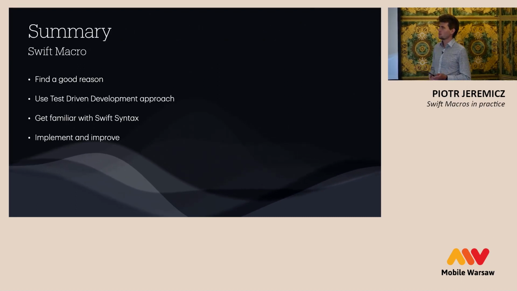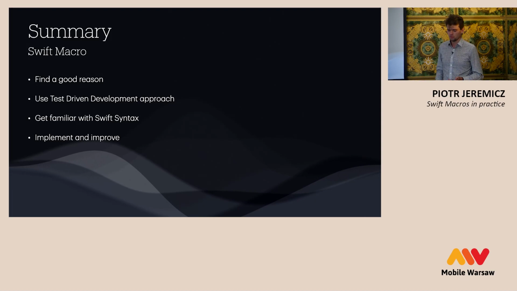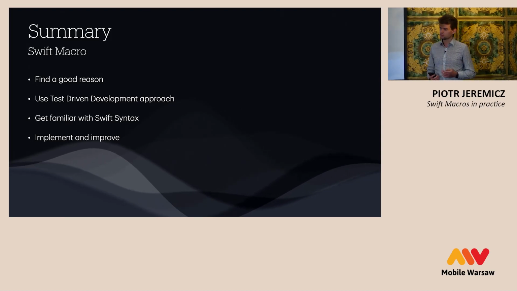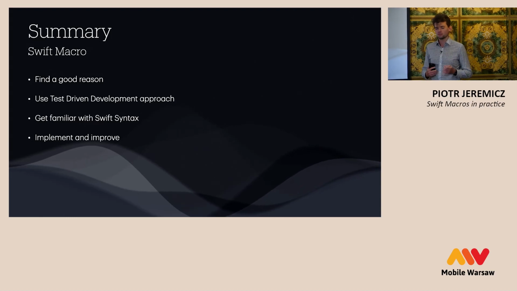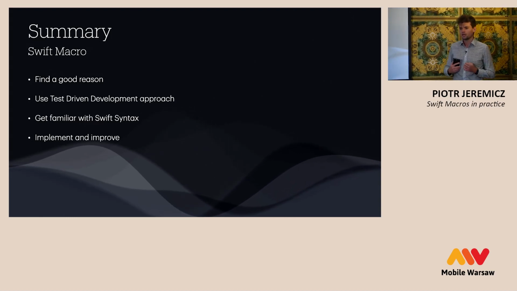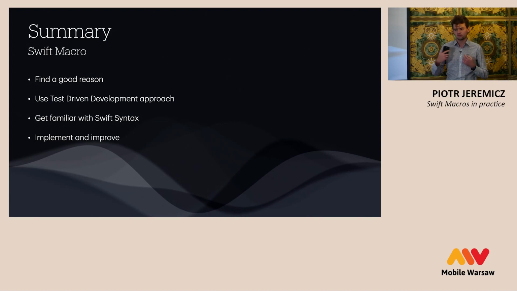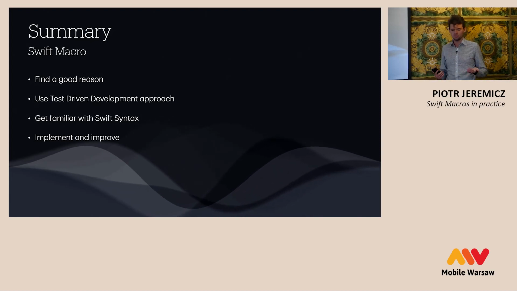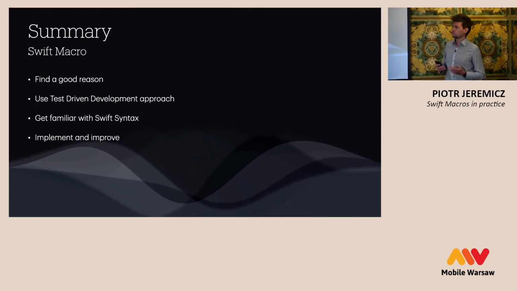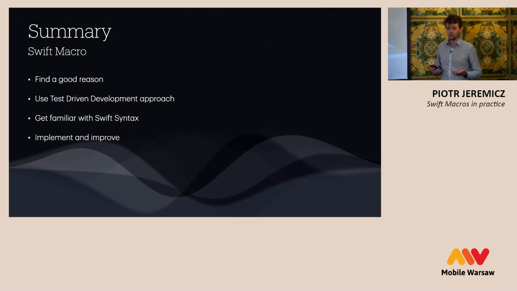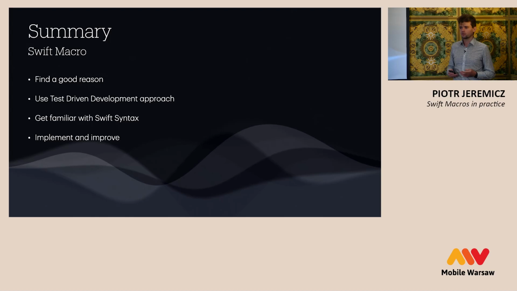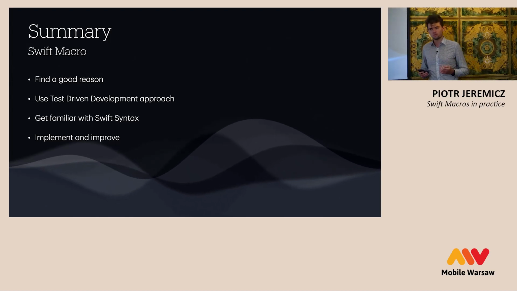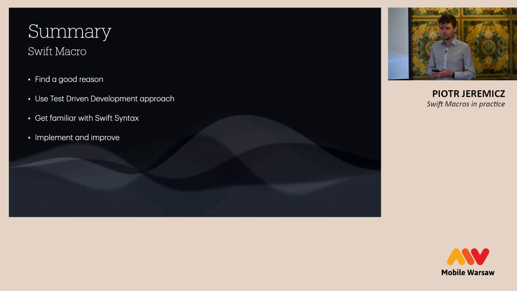So, to sum up, Swift Macro is a great tool. It provides us many different solutions, but the most important thing is to find a good reason for it, because we can create a lot of code, but it should be useful for us, for our team, for other people that will use this macro, and it's really important to make it clear how it works. Use a test-driven development approach to make it as good as we can, because, for example, I had a funny situation.